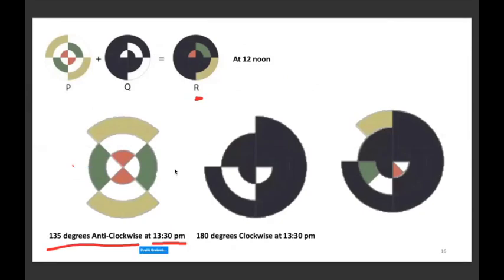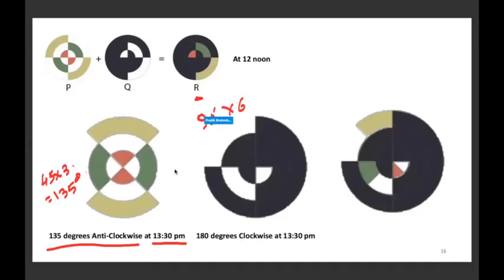Why 135? Because in 1.5 hours the 45-degree rotation happens 3 times. That's why it becomes 135 degrees, but in the anti-clockwise direction, because it's given that it rotates anti-clockwise. And this one rotates 180 degrees. Why? Because it will rotate 90 degrees 6 times.